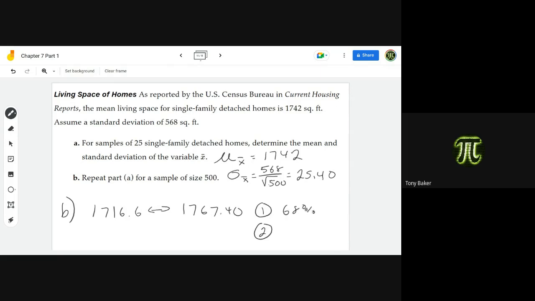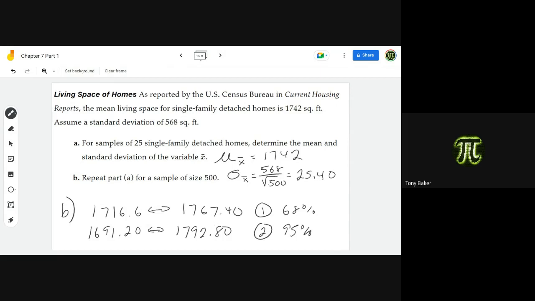Two standard deviations as well. Almost 95. So if I did another, I get 1691.2 to 1792.80.